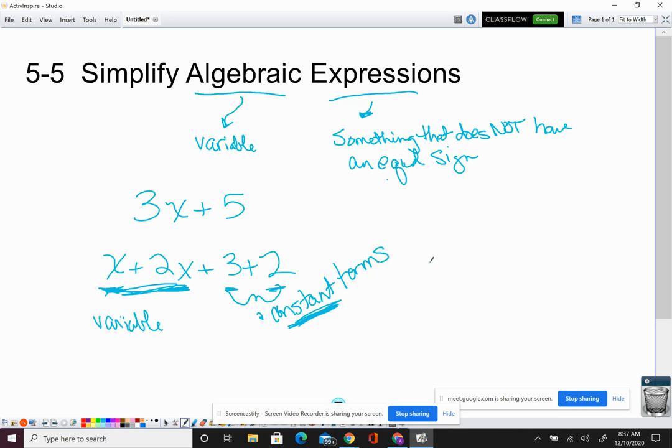So in this section, they will give you some things to add together. Like this, this always gets students. 4y plus y. Should be 4y, right?